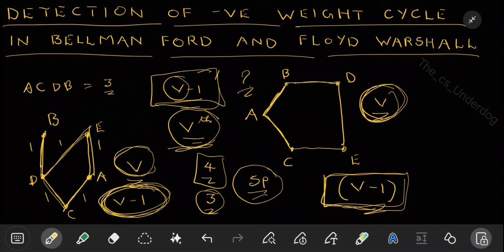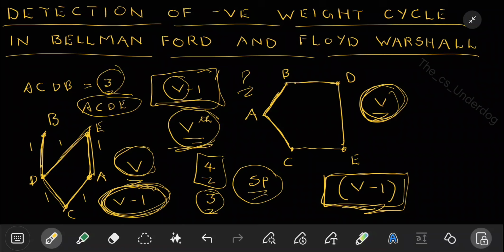When will I take the cycle A, C, D, E? If I take this cycle 2 times and after that I go A, C, D, B, that means the cycle is helping me decrease the length from 3.